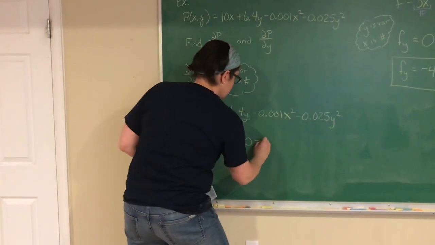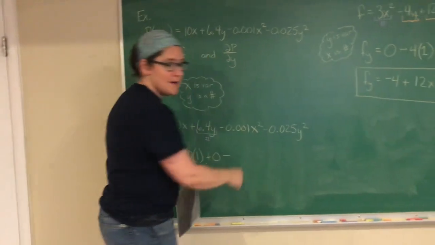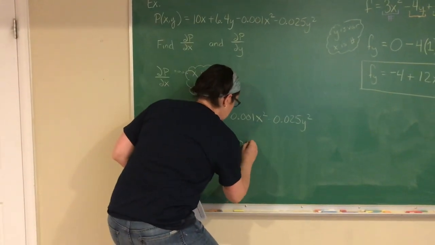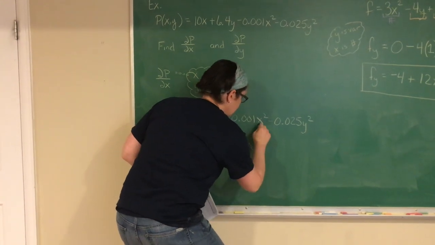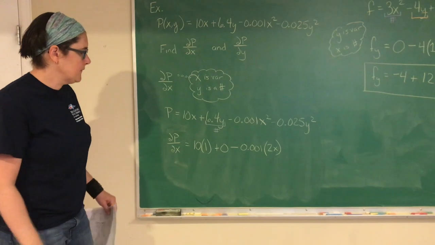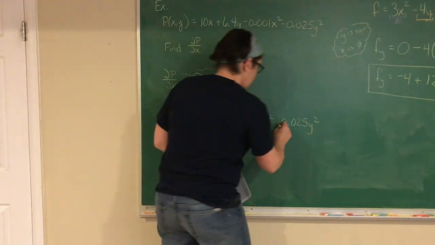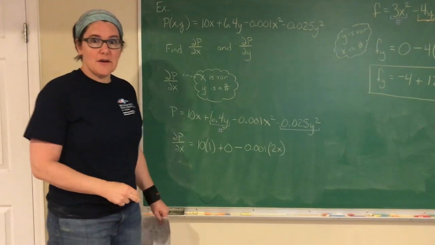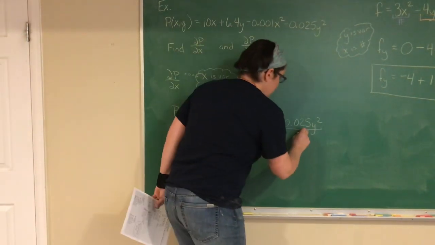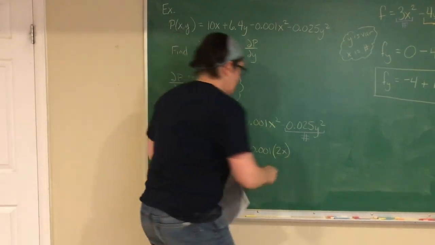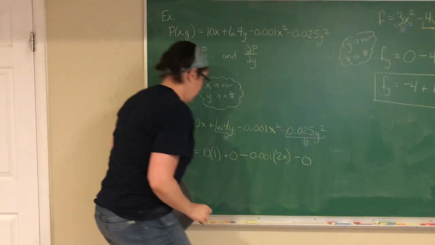My next term, I have a number times something involving an x, so I'll carry along the number and take the derivative of the x squared, so the derivative of x squared is 2x. And then our last term, the 0.025 y squared, there are no x's involved whatsoever, so this entire term we think of as a number sitting by itself, so its derivative is 0.